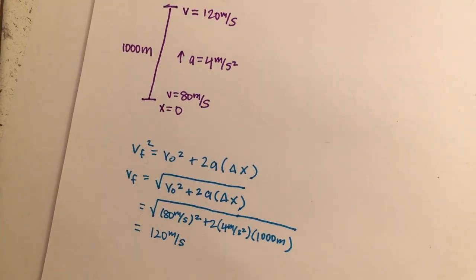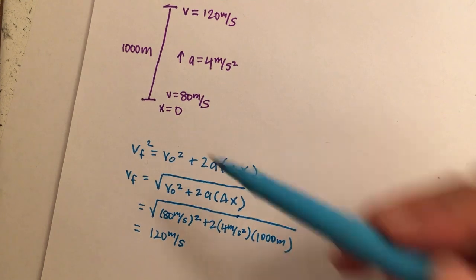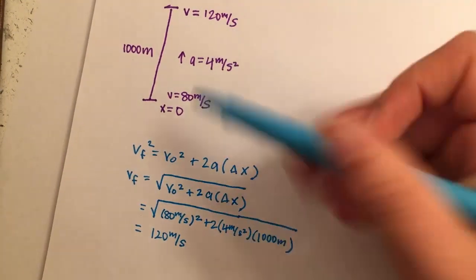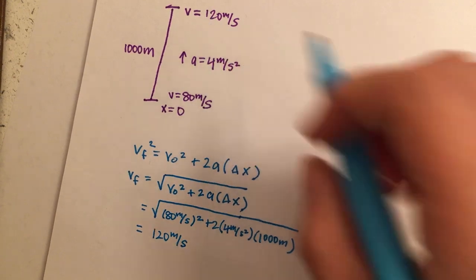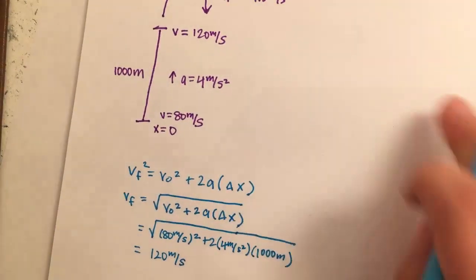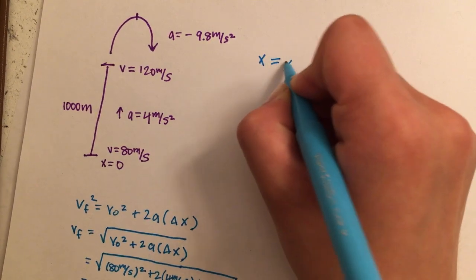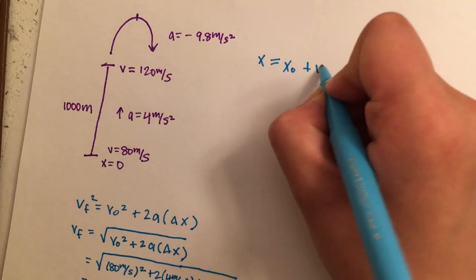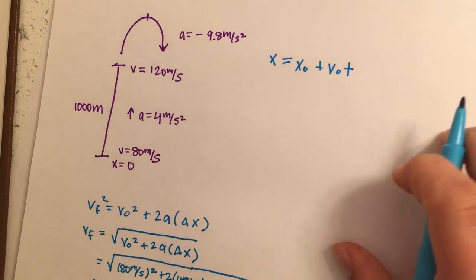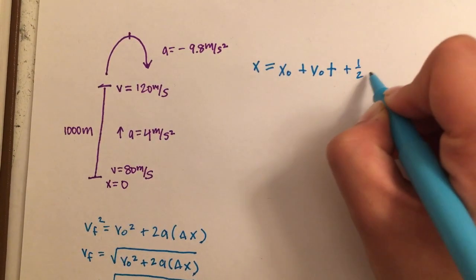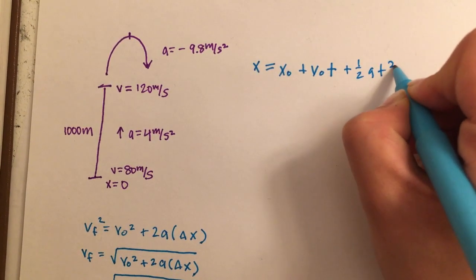The next part is to find the amount of time it took for the rocket to accelerate until the engines failed. To do that, we can use this kinematic equation: x equals x initial plus velocity initial times time plus 1/2 the acceleration times time squared.